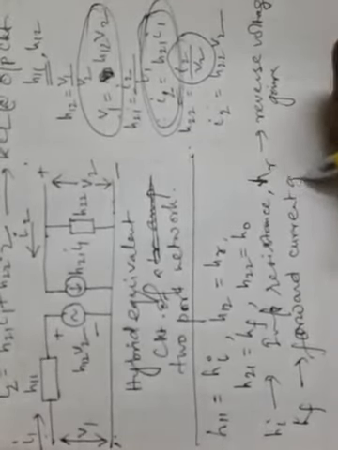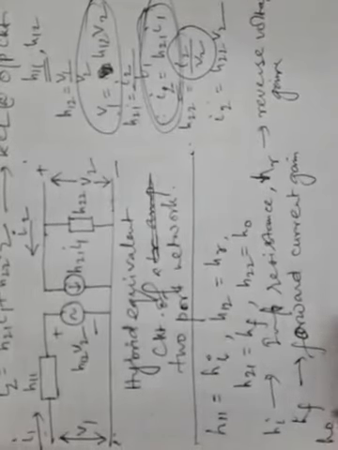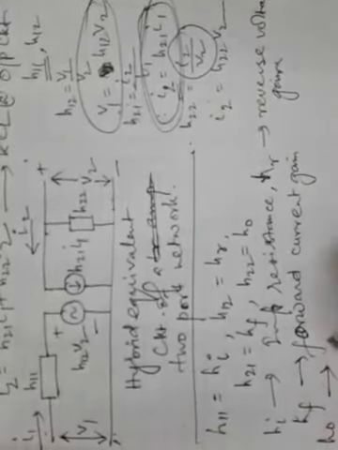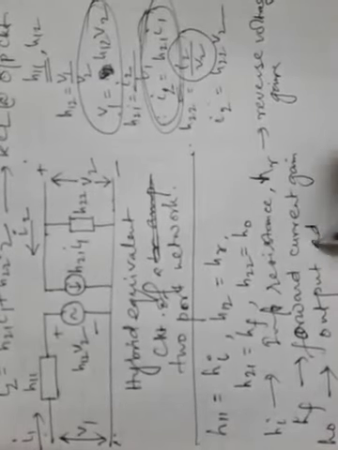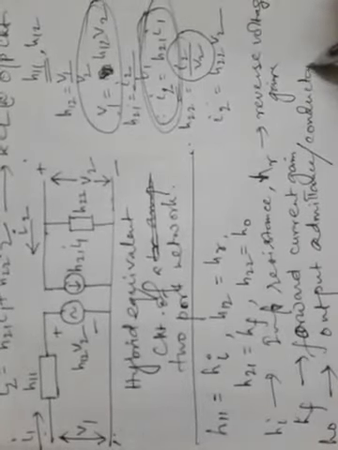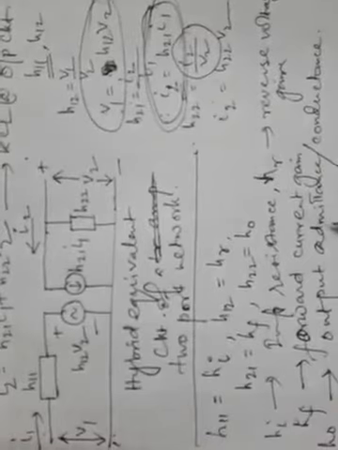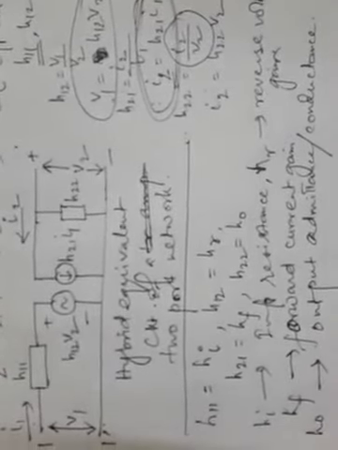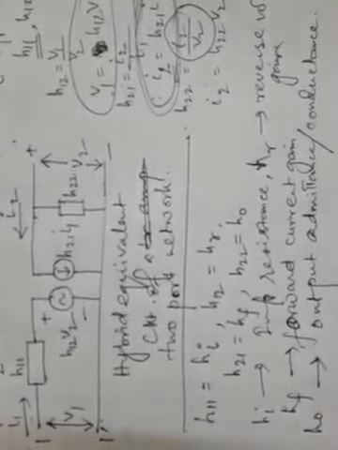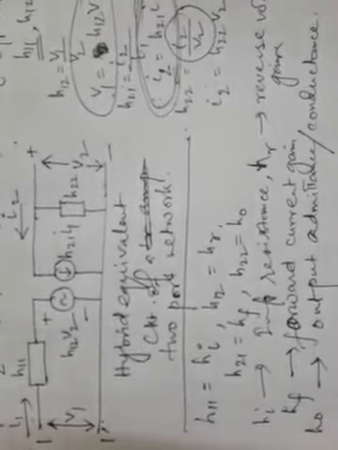And O in HO stands for output conductance or admittance. Admittance can alternately be called conductance; the reciprocal of impedance is admittance, and the reciprocal of resistance is conductance. For AC analysis it is better termed as admittance.